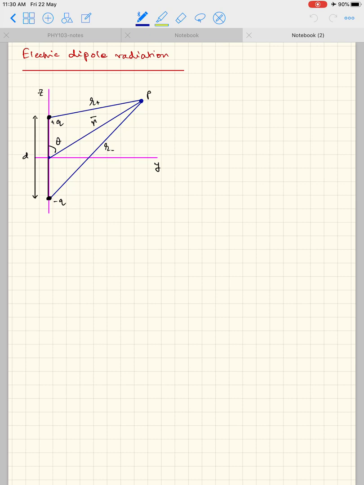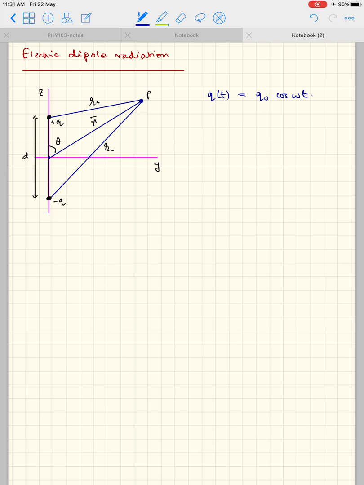Now what is happening is that at a time t, the charge on the upper sphere is q of t and the charge on the lower sphere is minus q of t, and we are driving the charge back and forth through the wire from one end to the other at an angular frequency which we will call omega. Okay, so q of t is going to be q naught cosine of omega t.